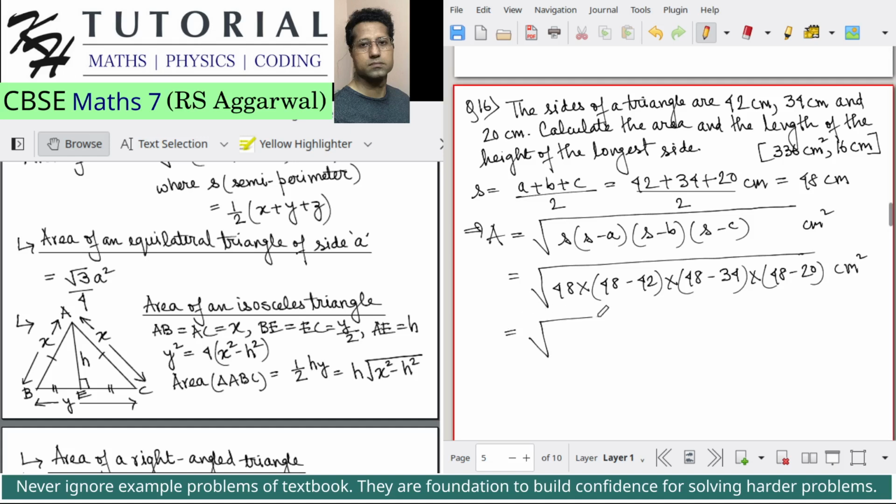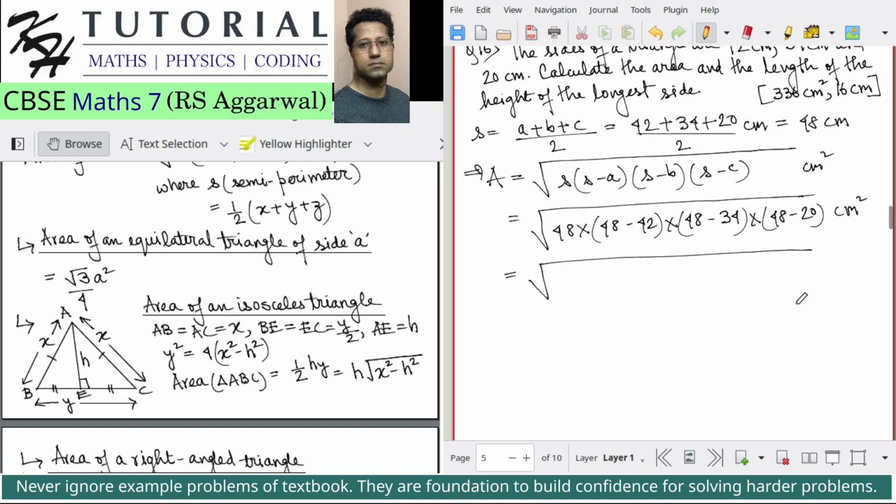This is equal to 48 multiplied by 6 multiplied by 14 multiplied by 28, this much centimeter square.